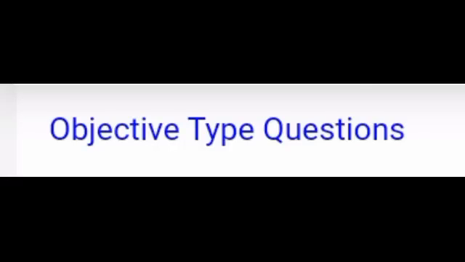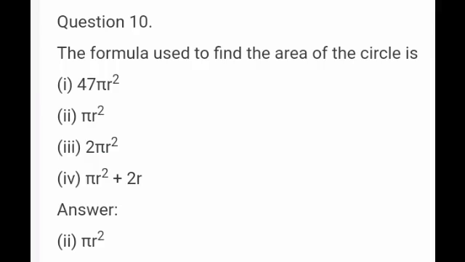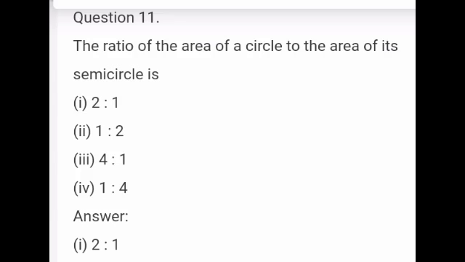Next, objective type question. Question number 10. The formula used to find the area of the circle is, answer, pi r square units. That is the second option. Question number 11. The ratio of area of circle to the area of its semicircle.